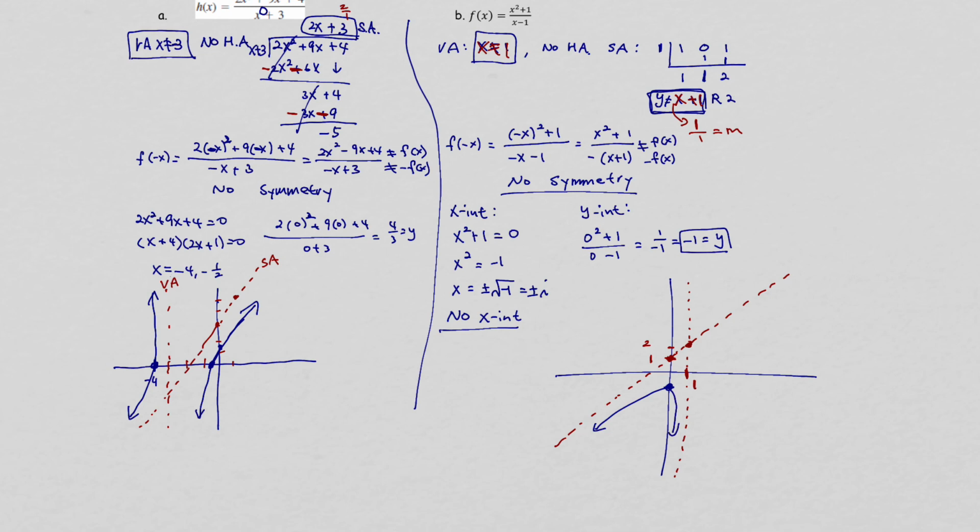So since you found the graph on the left side of the vertical asymptote, you need to find the one on the right side. Maybe you can plug in 2, right? So that you will know if it's going to be in this area or that area. But I kind of already know that it's going to be this area. Why? Because there's no x-intercept.